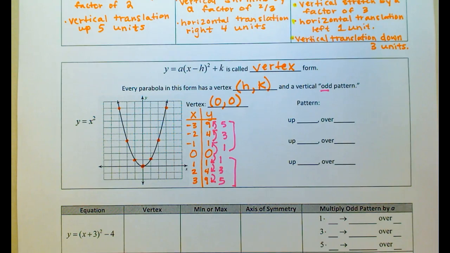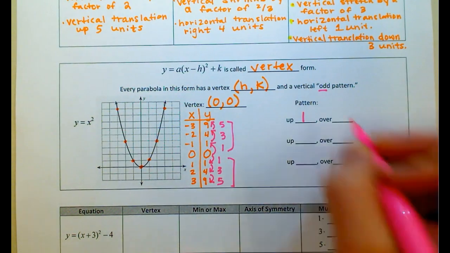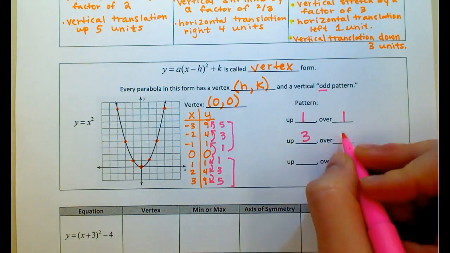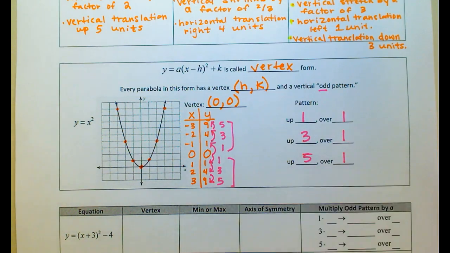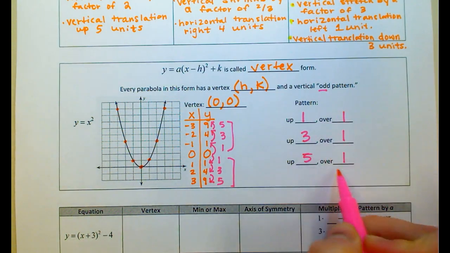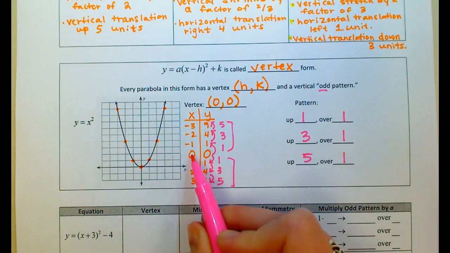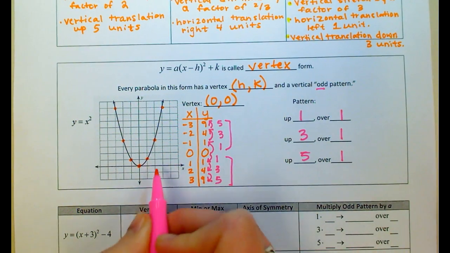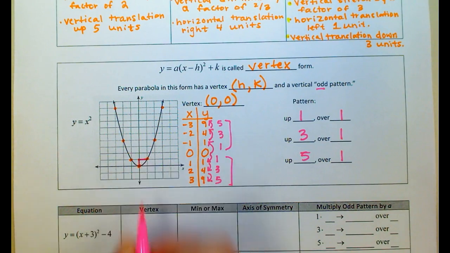So this pattern works by going up 1 over 1, up 3 over 1, up 5 over 1. The reason we're only going over 1 each time is because that's just the x value, and we only go a distance of 1, distance of 1, distance of 1. So look at this pattern on your graph. Up 1, over 1.